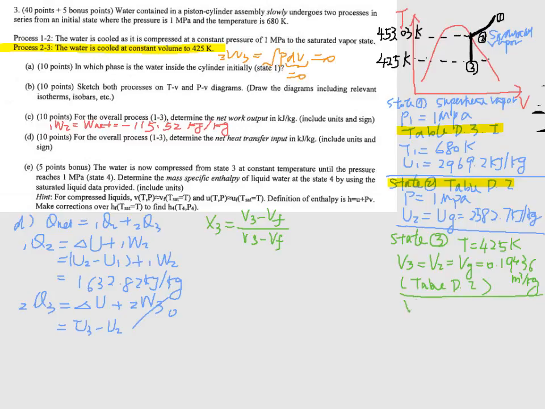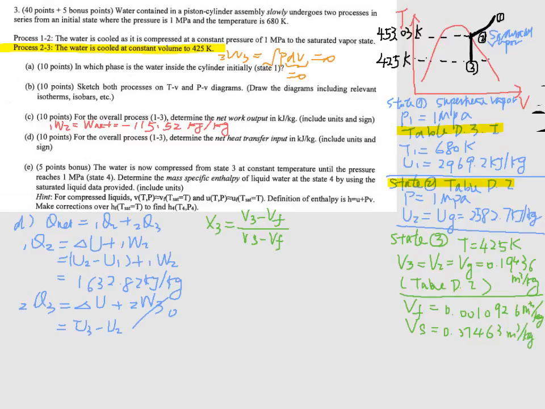And VF is 0.0010926 and VG is 0.37463, and they're all meter cubed per kilogram.